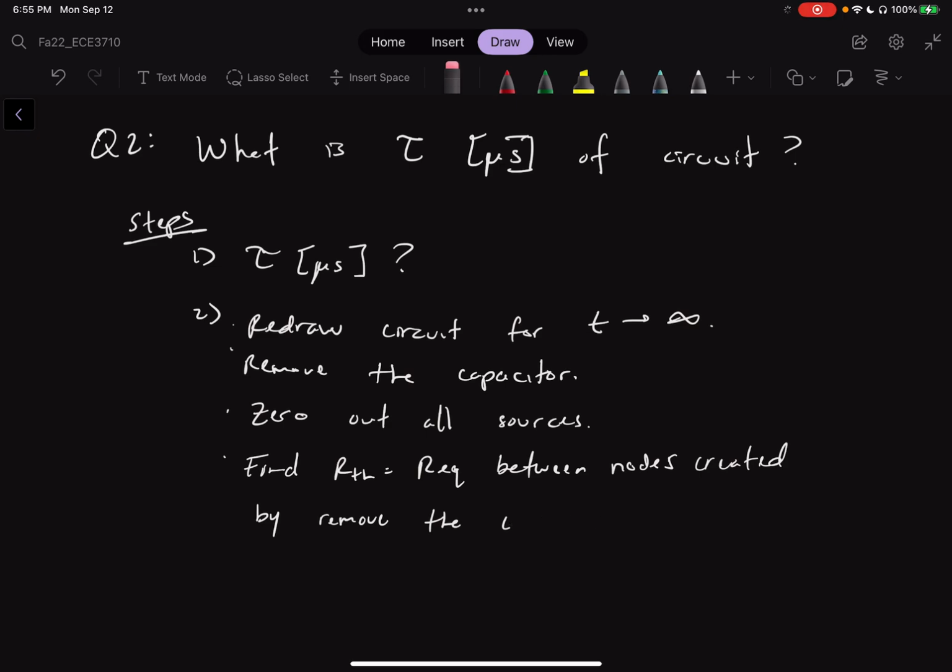And again, this is finding R Thevenin, R equivalent for the entire circuit between nodes created by removing the capacitor.